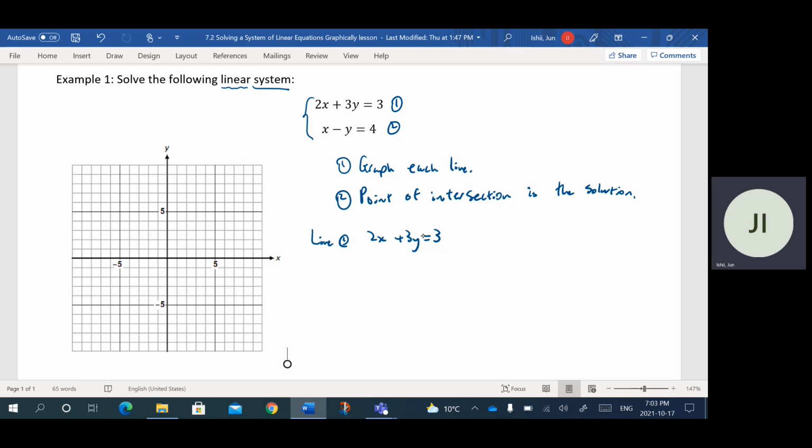Whenever it's in this form, there are two ways we can graph this line. The first way is to isolate the y and change this to slope-intercept form. However, the other way is to come up with the two intercepts, plot those two points and then draw the line in, which is the method I'm going to choose for this one.